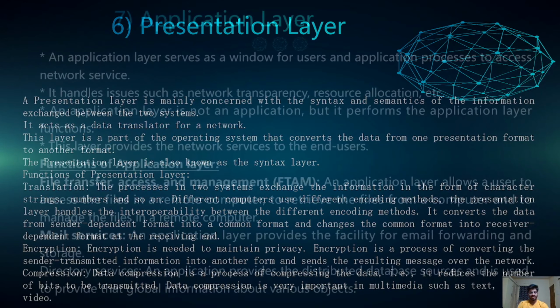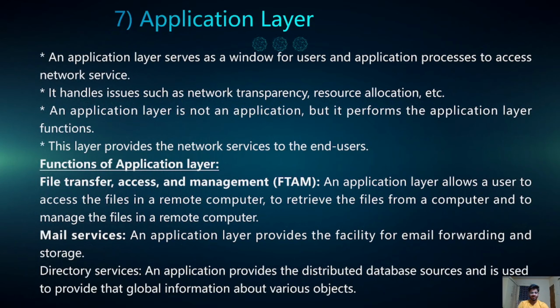Next, the presentation layer. It is mainly concerned with the syntax and semantics of information exchanged between two systems. It basically acts as a data translator for a network, and it does encryption, which means that, for example, when we send a message on WhatsApp to a contact, the message is to reach safely.